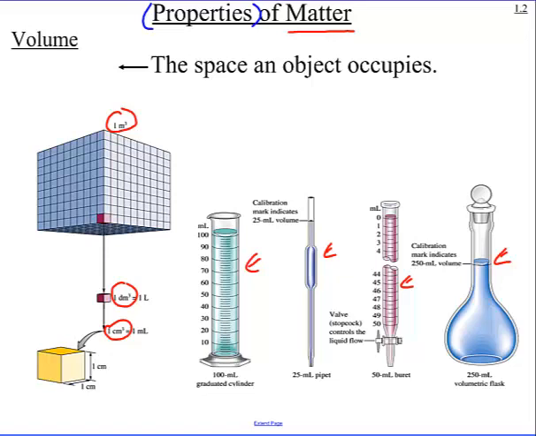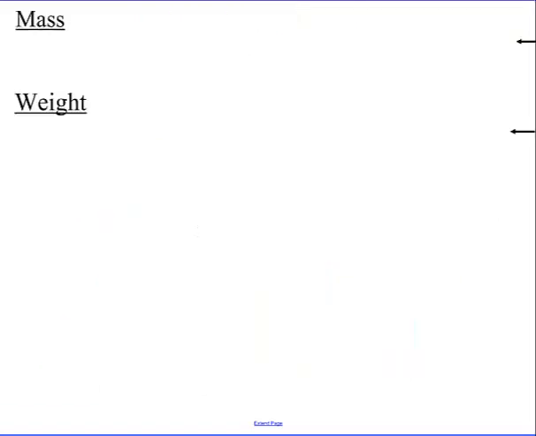Two other properties that matter has that we're going to deal with a lot are mass and weight. Now, we've talked about mass a little bit before. I don't know if you know the definition of it, but I had mentioned in the last video that you can kind of think of them as the same thing. Well, technically they're different, and so we want to make sure we know the difference. Now, mass is the quantity of matter in an object.